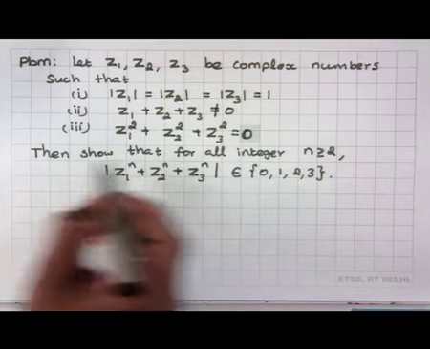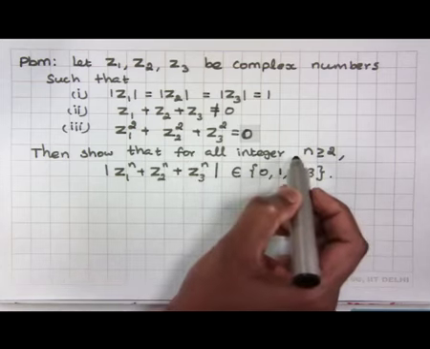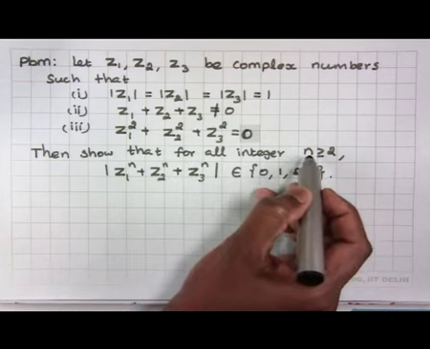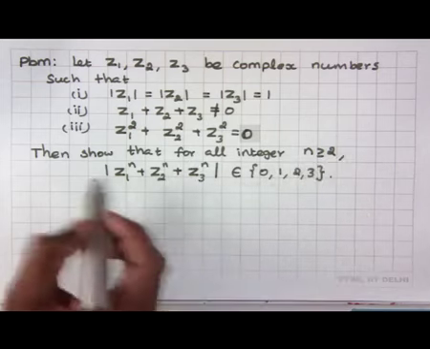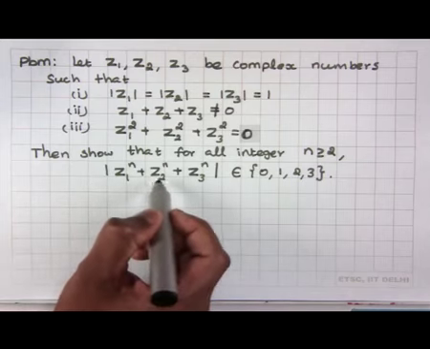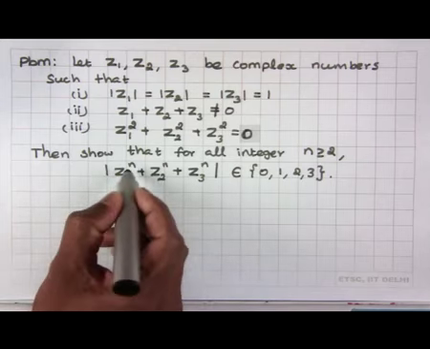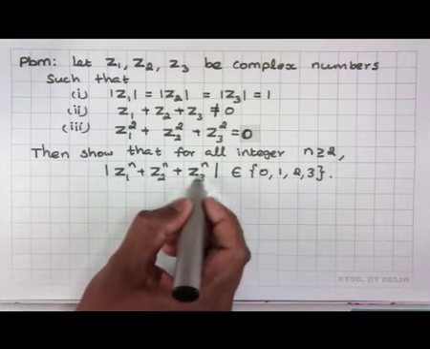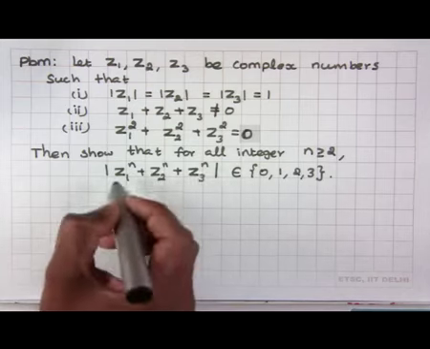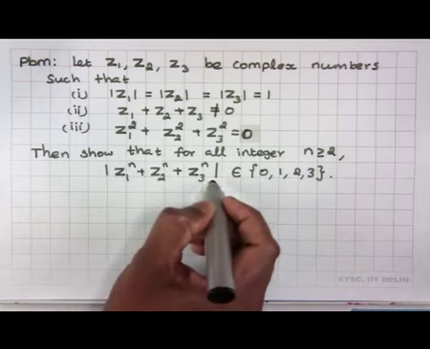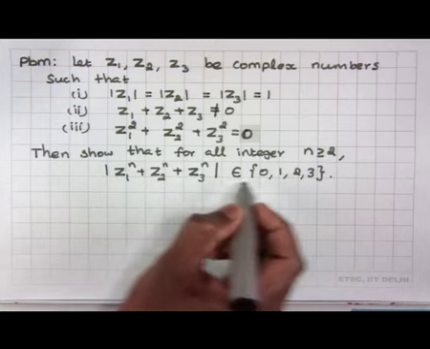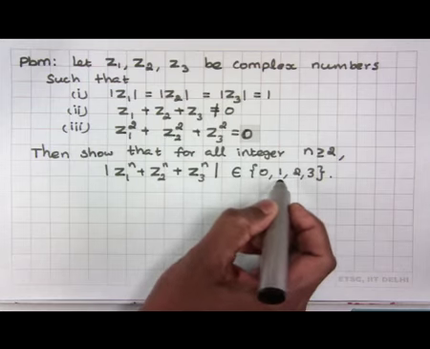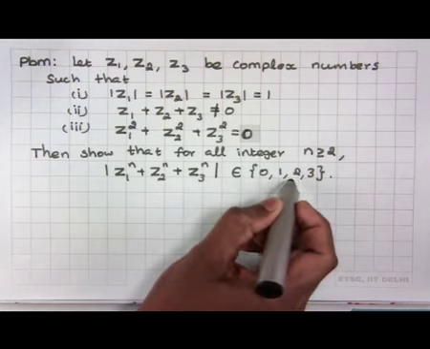Then we have to show that for any integer n greater than or equal to 2, if we consider the expression Z1 power n plus Z2 power n plus Z3 power n and calculate its magnitude, it will always be either 0 or 1 or 2 or 3.